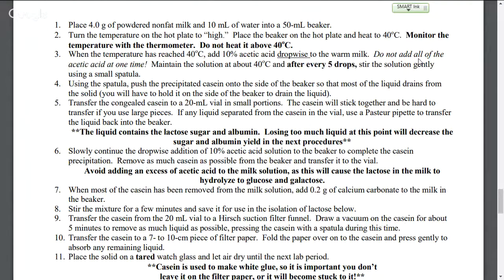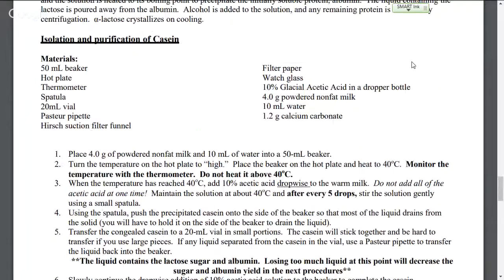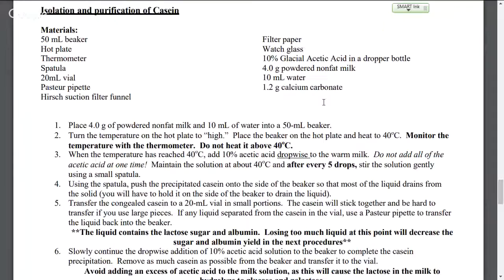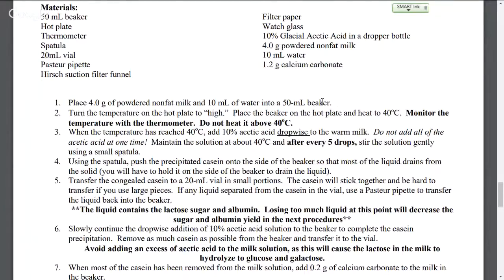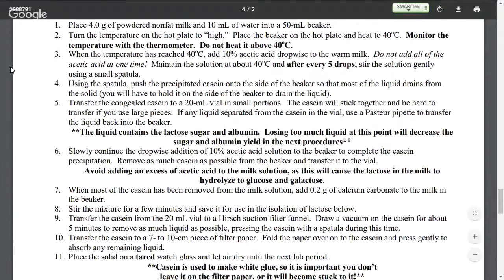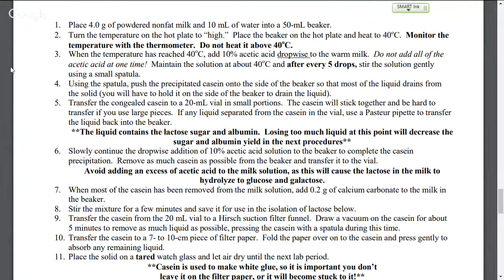We're separating those individually so you can actually see what those different parts of the milk look like and what they are. So the first thing is precipitating the casein, and then the albumin, and then the lactose. And actually, we'll have to wait until next week to really get all of it. But if you look at the procedure, it's a little bit more in-depth than what we've done before.